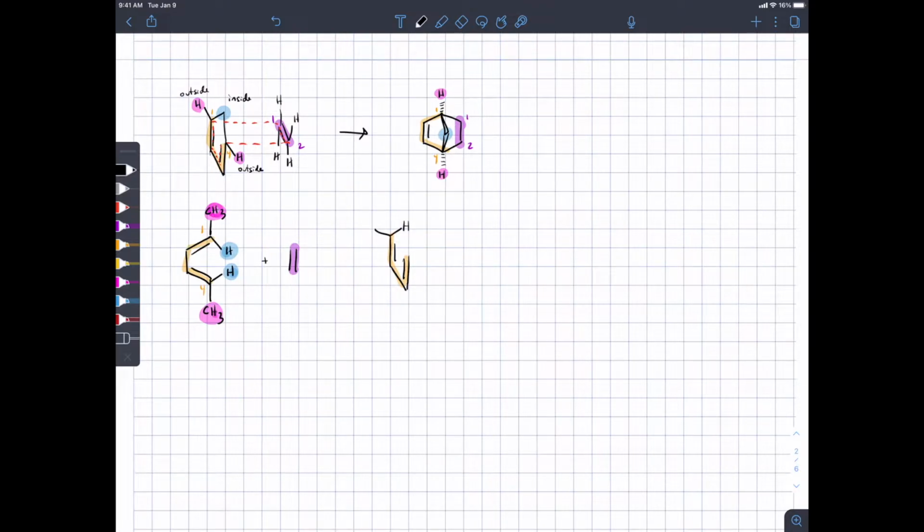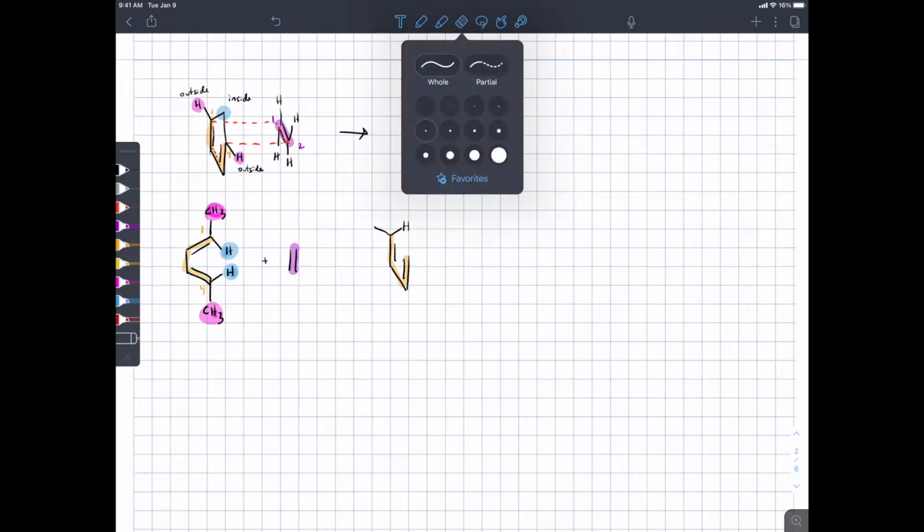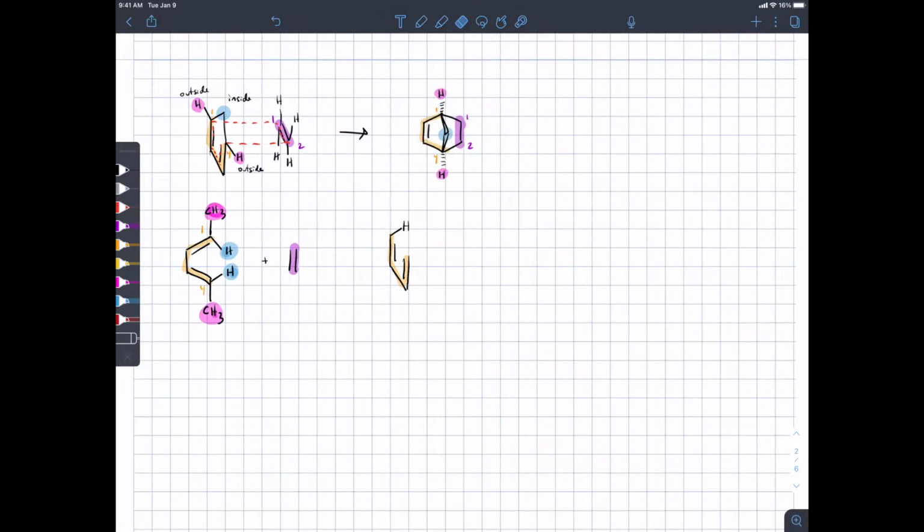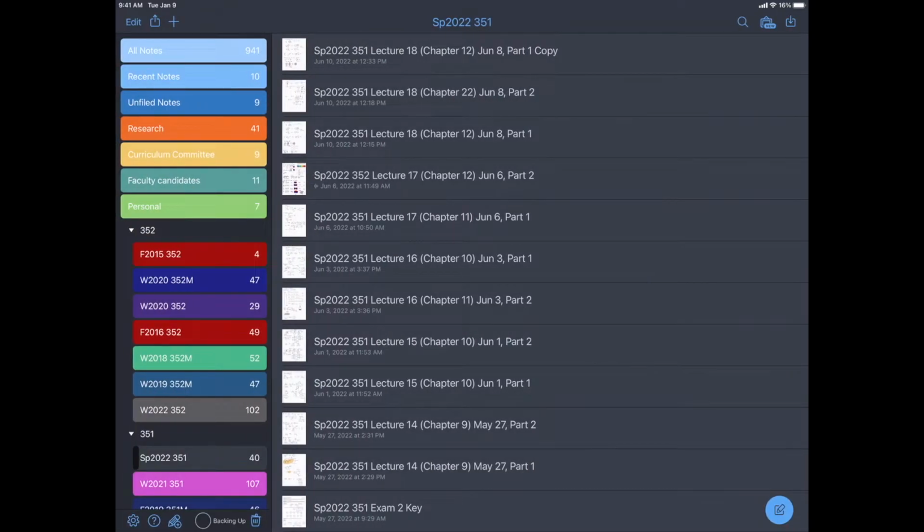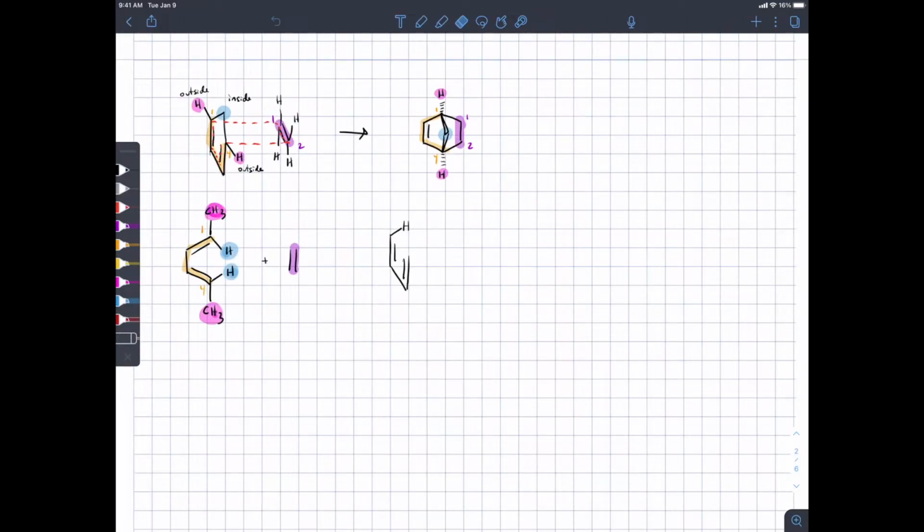So here's the proton, and then sort of angled outward is the methyl group on orange carbon 1. We'll label that methyl group in pink. The proton is an inside group. We'll label it in blue. We've got another one here, also labeled in blue, and then another methyl group here.